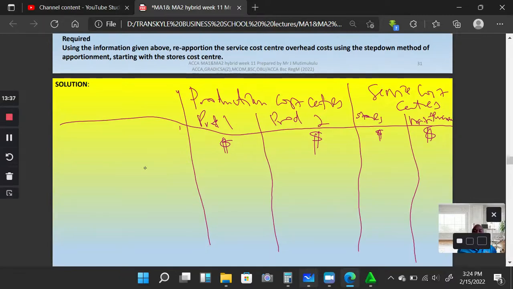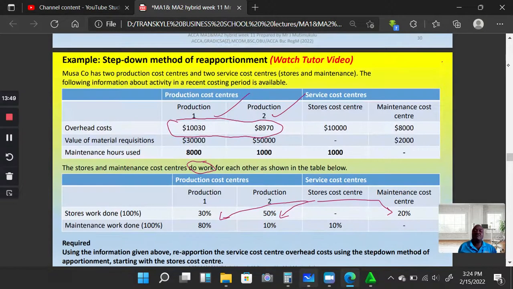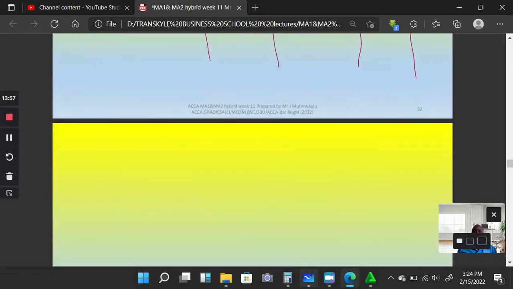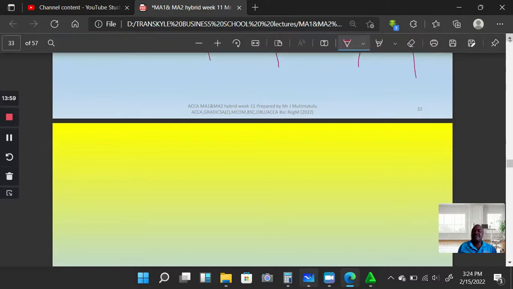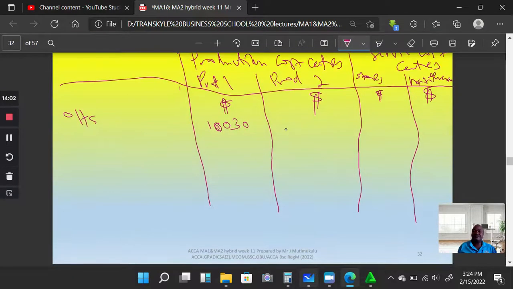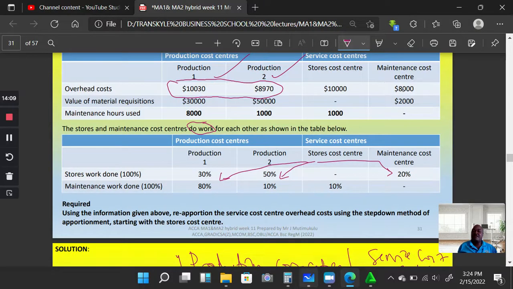So that's 1030, the overhead data, and how much for production cost center 2? That's 8970. We also have to take this one as it is.